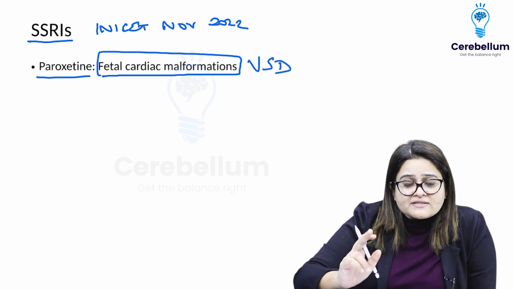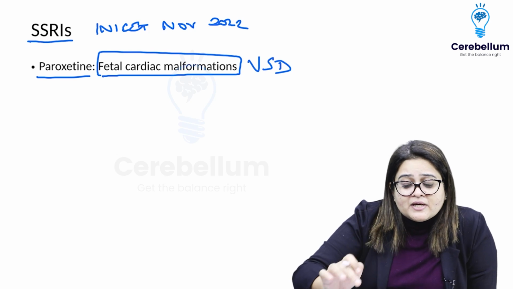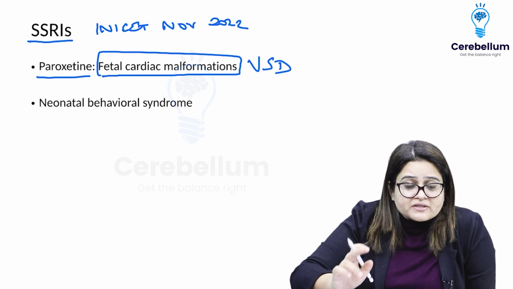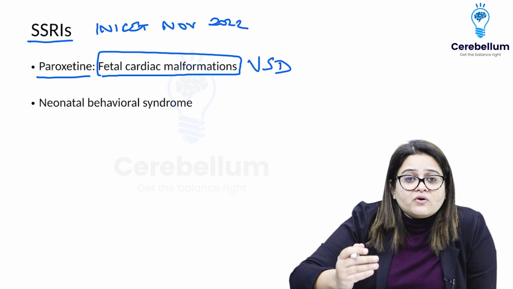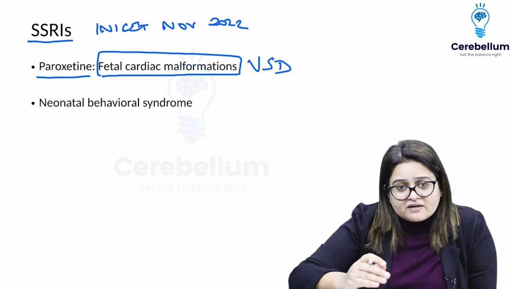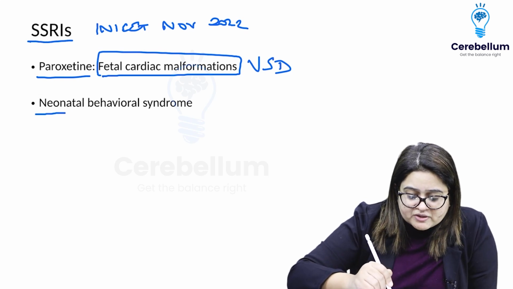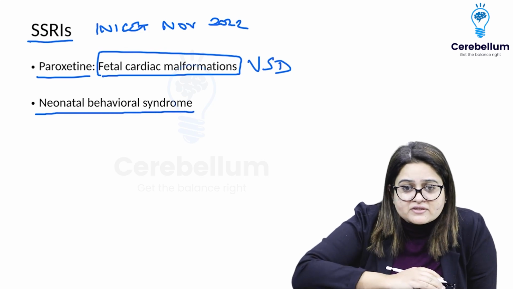All other SSRIs do not have a teratogenic effect, but they do affect the neonate. How? Neonates who are born to mothers who were on SSRIs have been found to have something called neonatal behavioral syndrome.